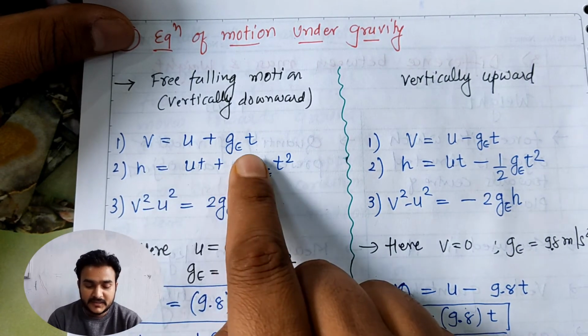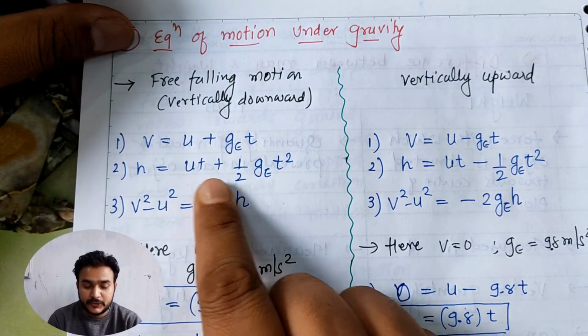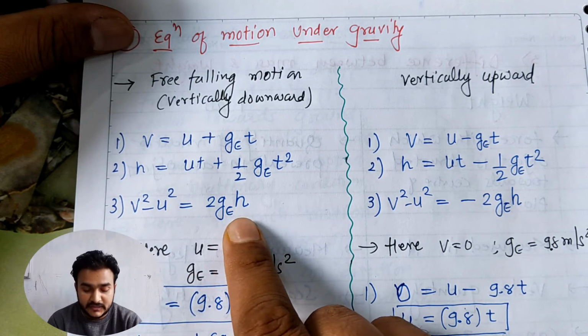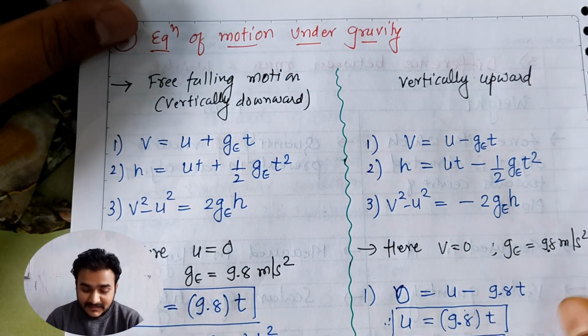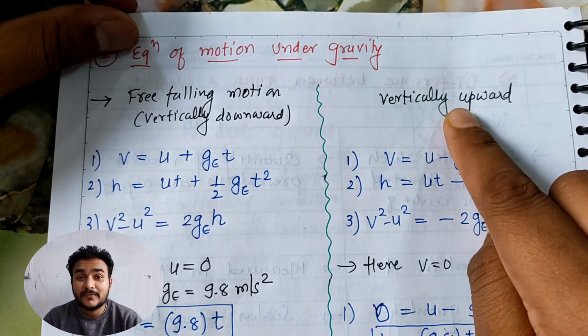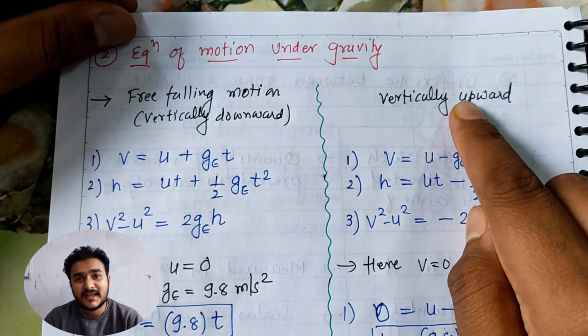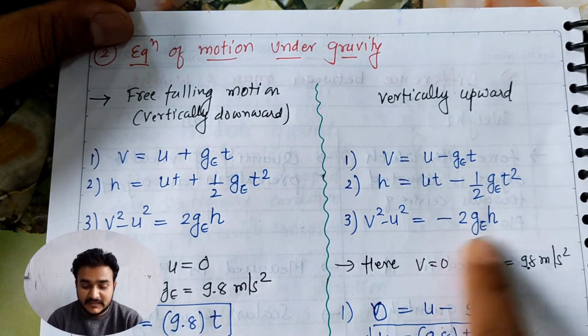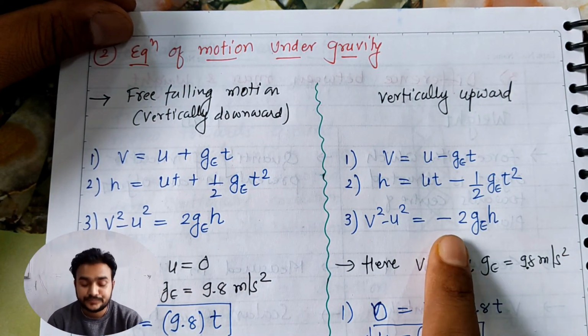So v is equal to u plus gt, h is equal to ut plus 1 by 2 gt square, v square minus u square is equal to 2gh. On the other side, for vertically upward motion, since the gravitational acceleration direction and the direction of motion are opposite, these are the set of new equations.